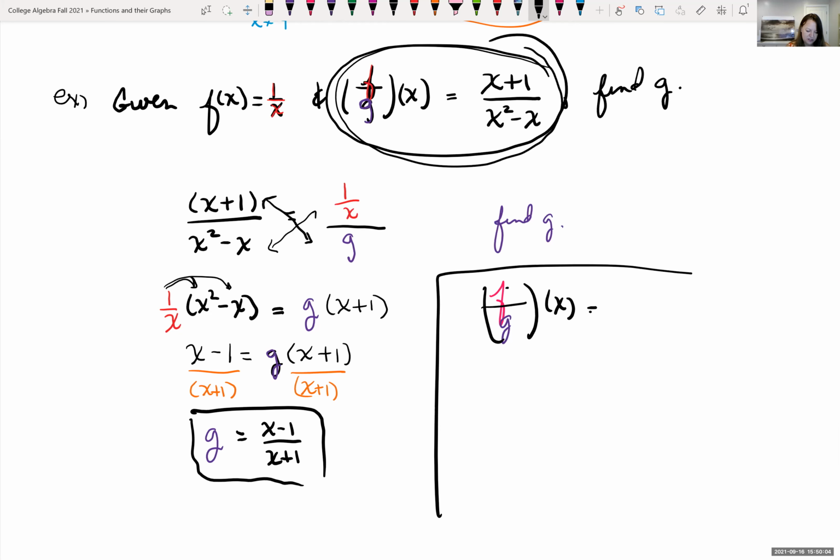Our f of x function we were given was 1 over x, all over our g of x function, which we just found to be x minus 1 all over x plus 1.